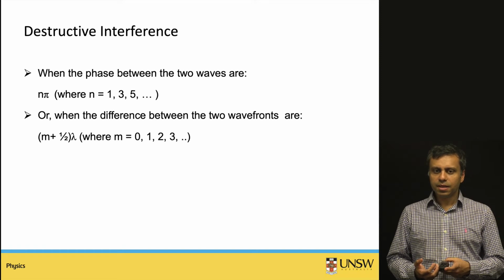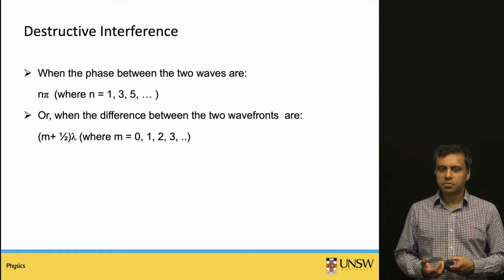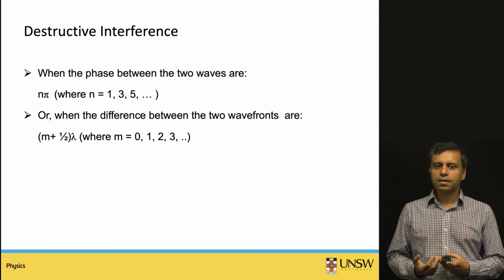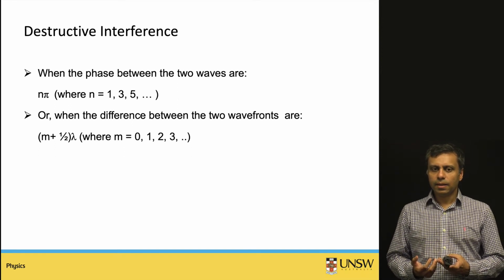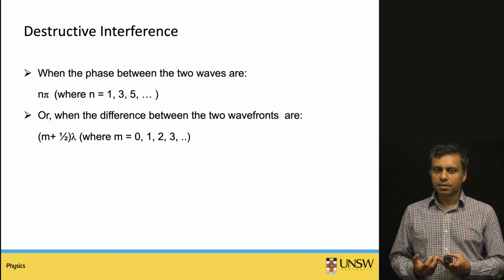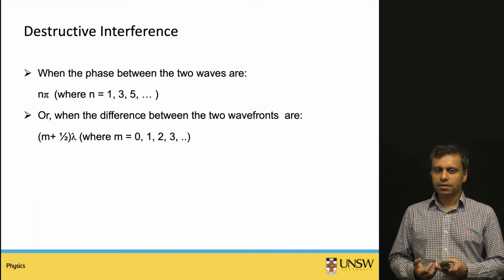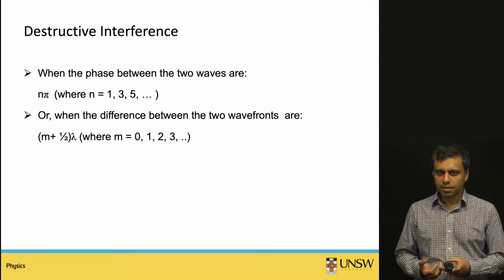So m here starts at 0 and can assume any positive integer 1, 2, 3. So the condition is that the two waves have to differ by a path length of m plus half times lambda, lambda being the wavelength in this case.